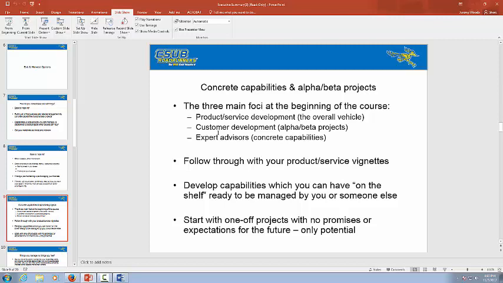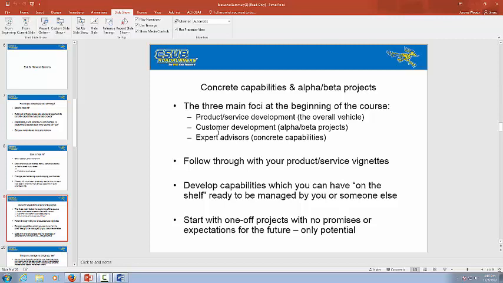The customer development work you did is going to bubble up your alpha or beta projects. So one of the customers that you reached out to for your vignettes is probably going to be the one that you start doing a project for as your initial alpha project, your initial beta project.